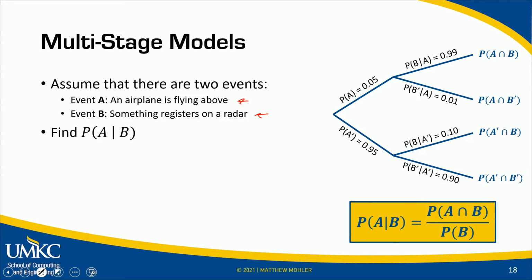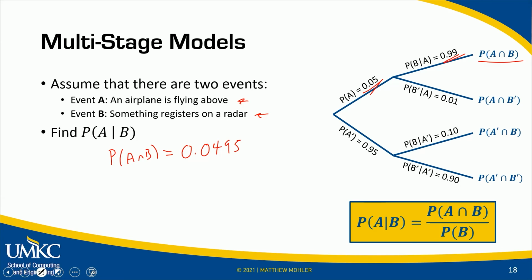So the first thing that we need to find is the probability of A intersected with B. Well, we found that earlier, as you may recall, and that probability was equal to 0.0495. It was this 99% multiplied by 0.05.